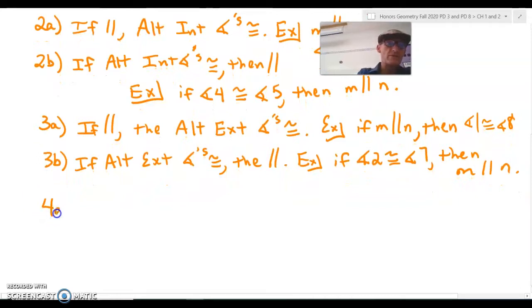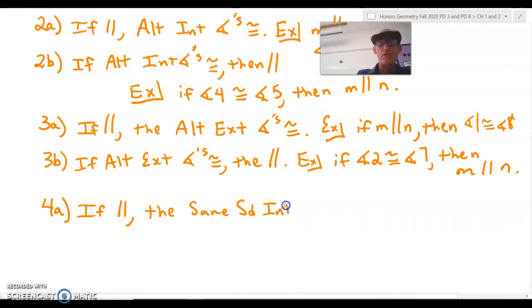4A, if parallel lines, the same side interior angles supplementary.